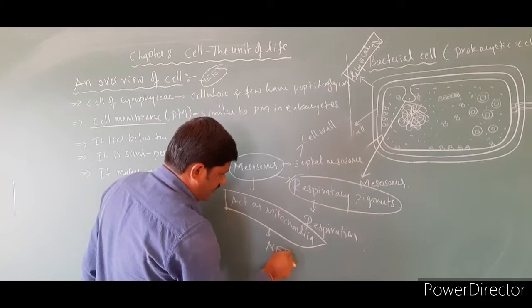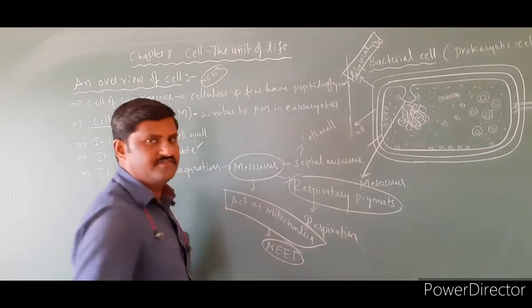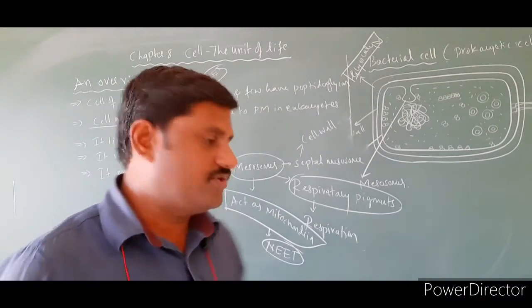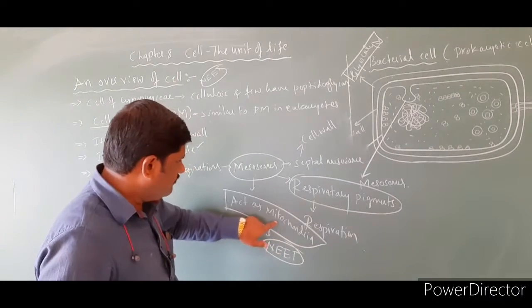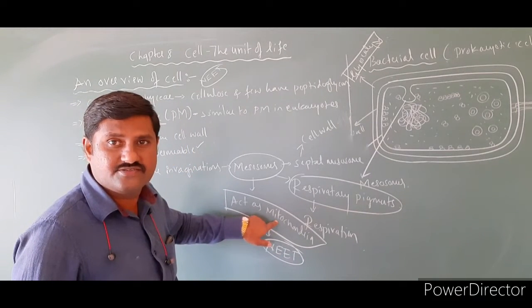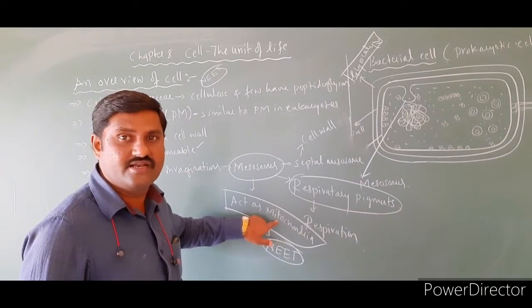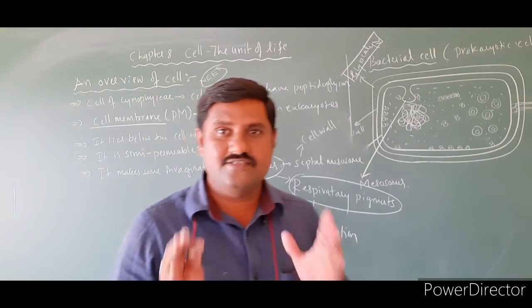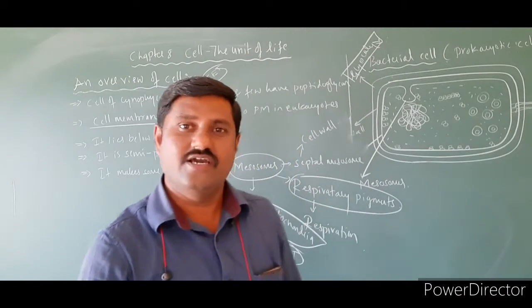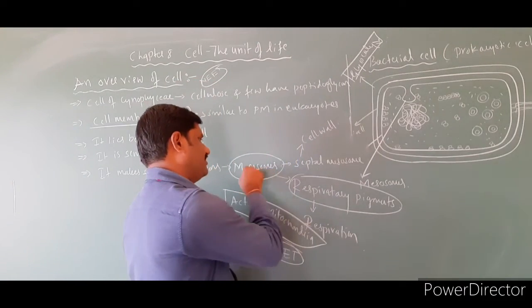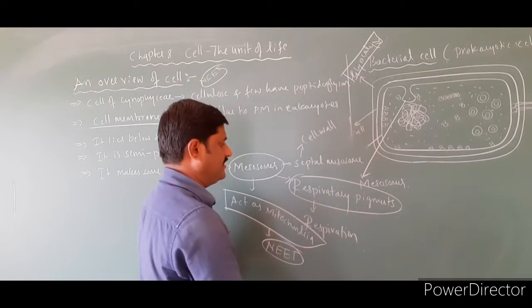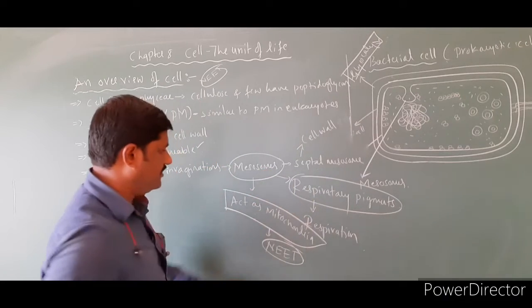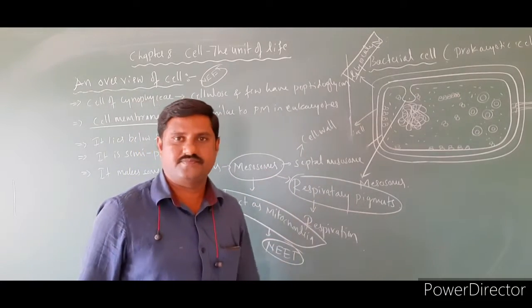Very important point to be noted. Mitochondria help in cellular respiration, energy production itself, right? So this is a more important aspect to be remembered. Some of the mesosomes which have respiratory pigments act as the mitochondria, right?